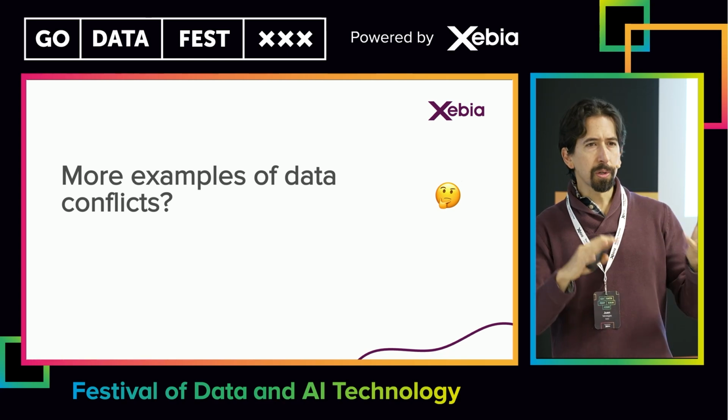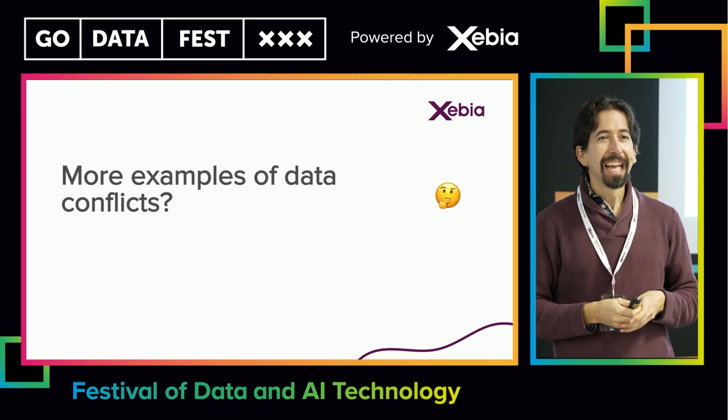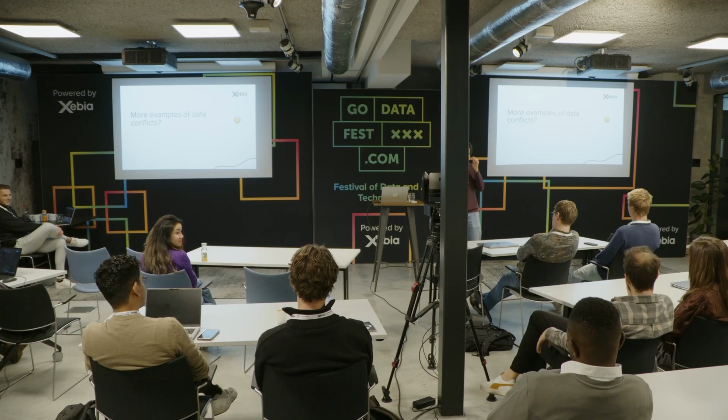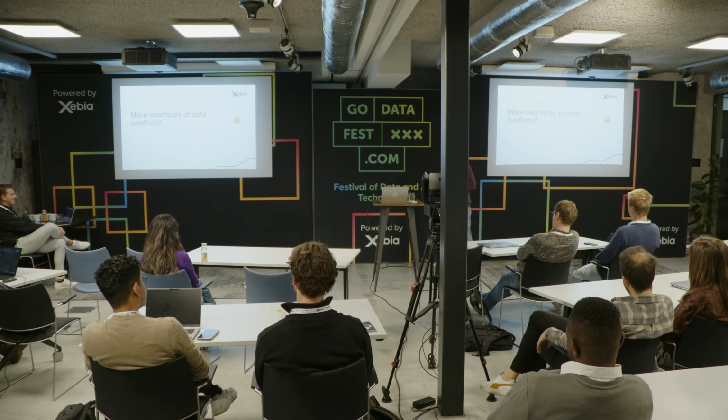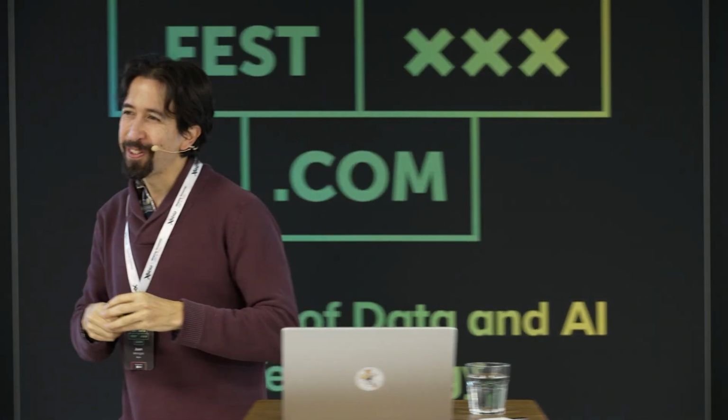Which approach do you use to solve that? Yeah, it's okay. It's an unfinished story. It's like we're still in development. Okay. Other conflicts that you find? No? Somebody? No conflicts that you have found?